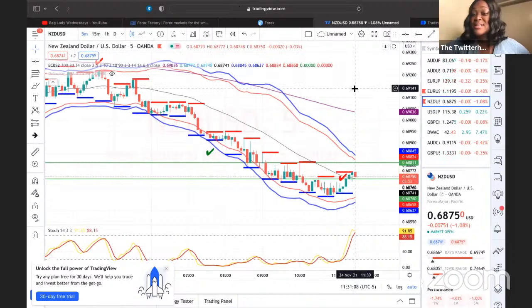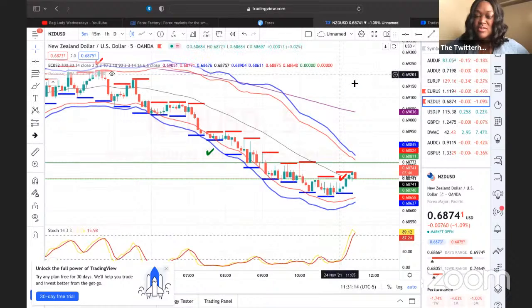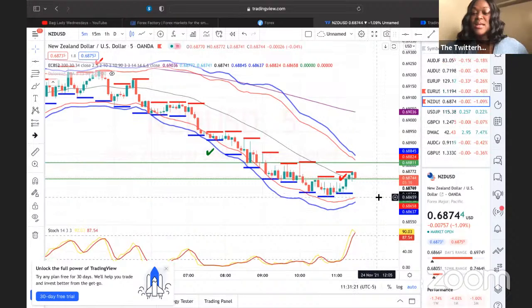But yeah, that's how we take a trade. If it breaks this and closes below, all right, it's not doing that.